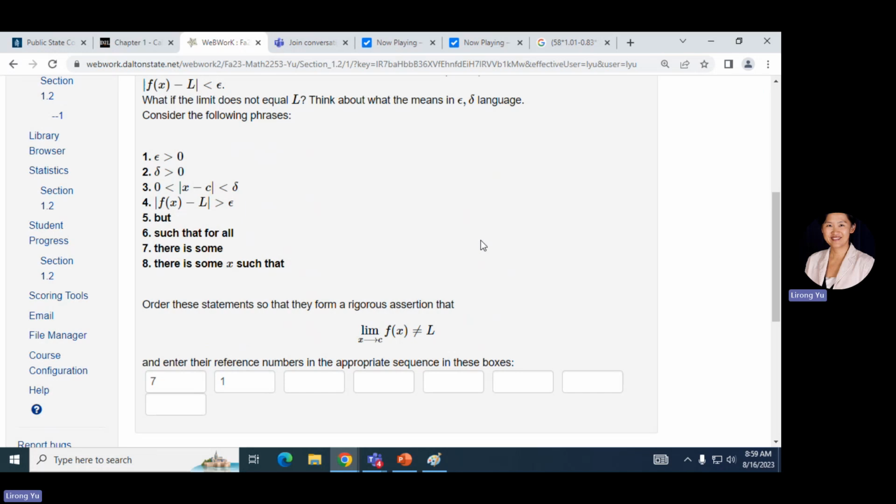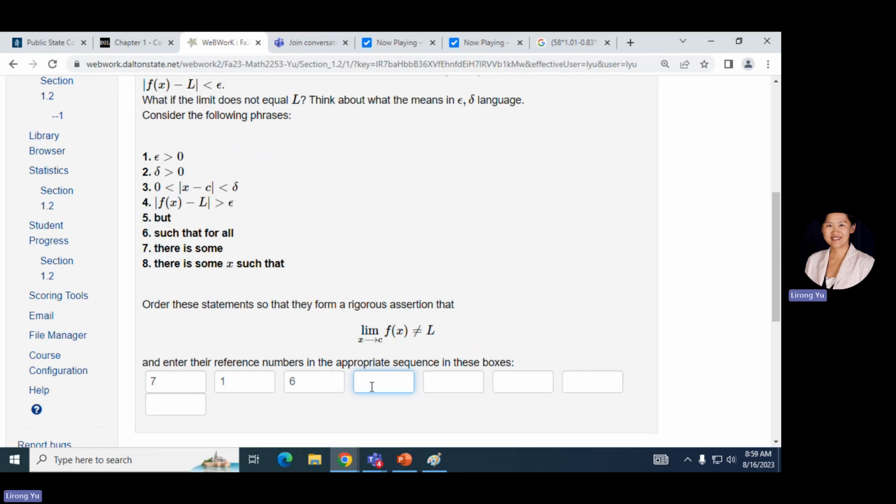So that's 1, 2, 3, 4, and then you go by this one and that one. The next one is for all delta, no matter what the delta was, you will be able to make f of x close to L. So we would go for the delta, which is number 3.